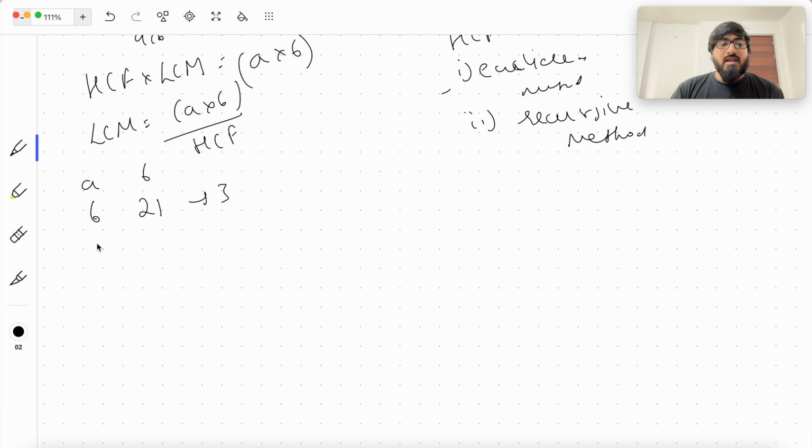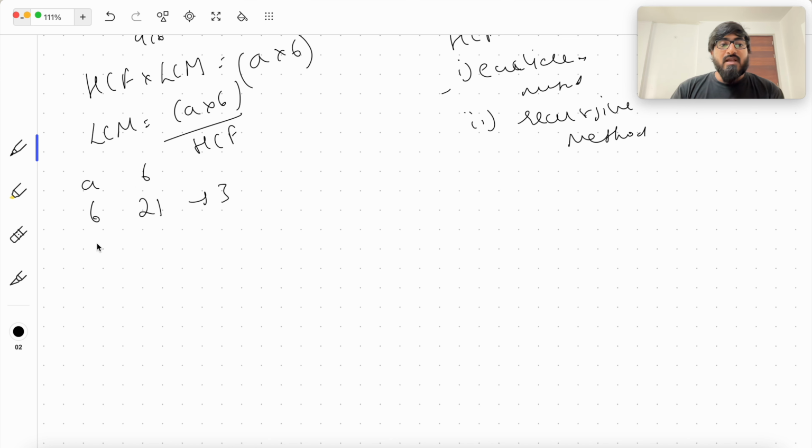And when they become equal, this is the HCF. The moment they become equal, it is the HCF, and this was the original Euclidean method to find the HCF of two integers.